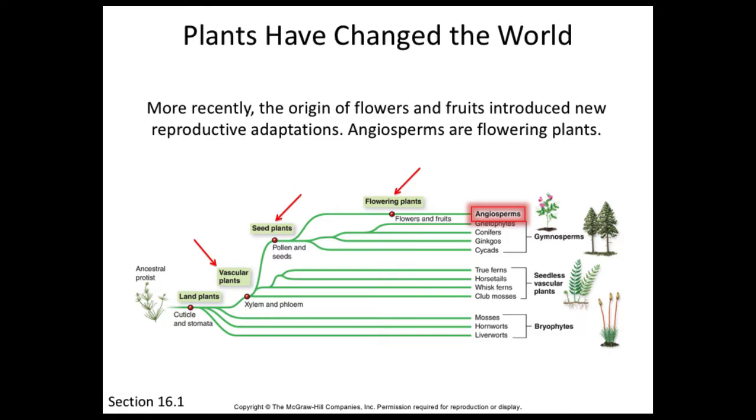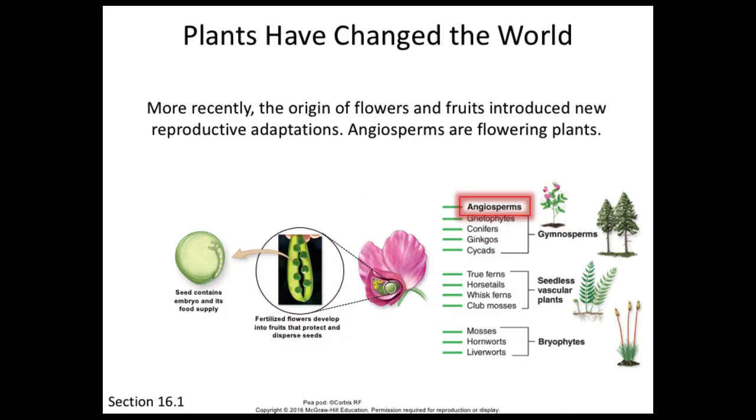The group of organisms that have flowers and fruits are called the angiosperms, which are the flowering plants. The angiosperms have very advanced flowers, and then after their flowers get fertilized, they produce a fruit. The fruit contains the seed, and the seed is a baby plant. This is why angiosperms are considered to be the most advanced plants on our planet today.